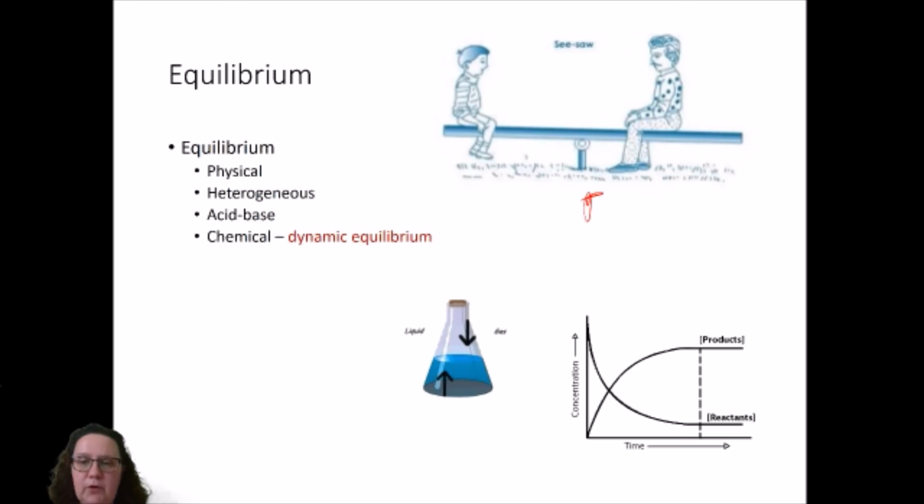If you plot the concentration of reagents or products with respect to time, a typical reversible reaction will have this shape of graph. Initially, you have all reagents and no products.